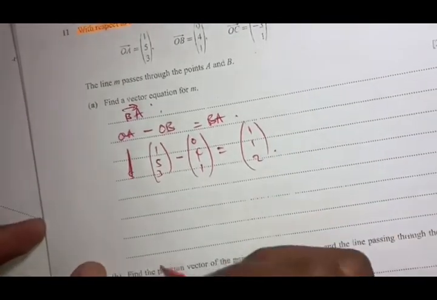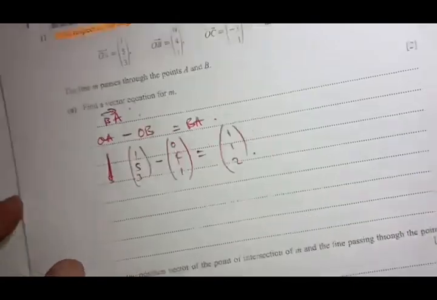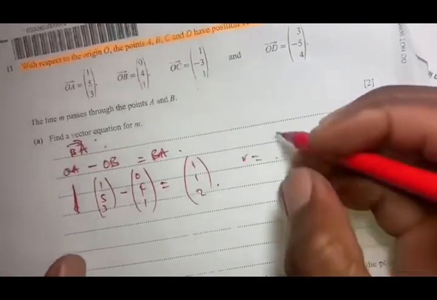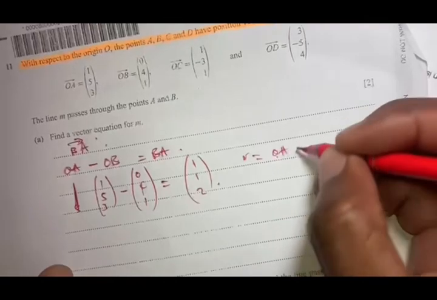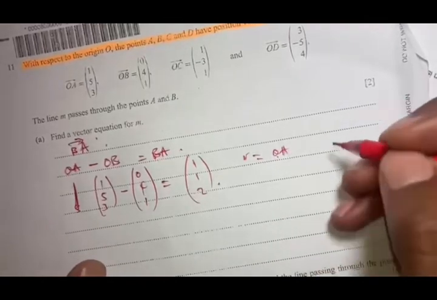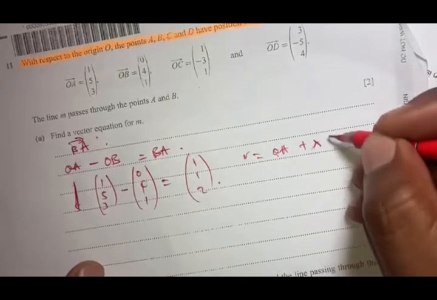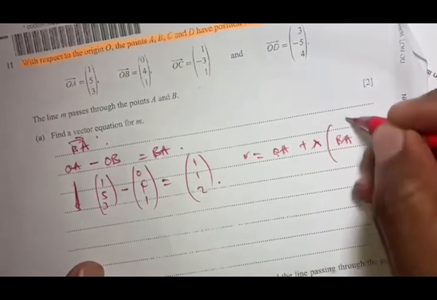And the equation of the line is r equals OA plus lambda BA.